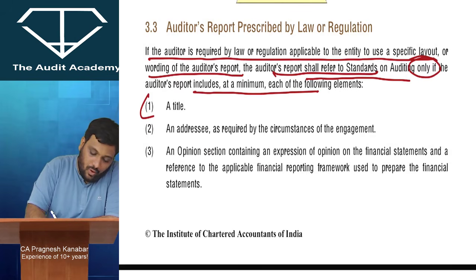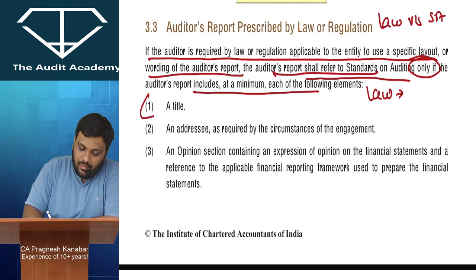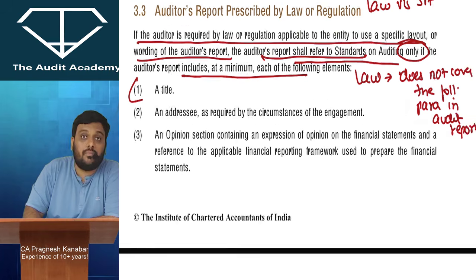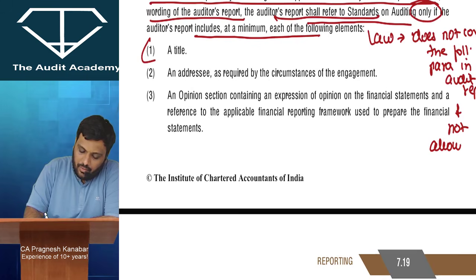If there is a law versus SA situation, and the law does not cover the following paragraphs in the audit report, then you are not allowed to use an SA reference in the audit report.